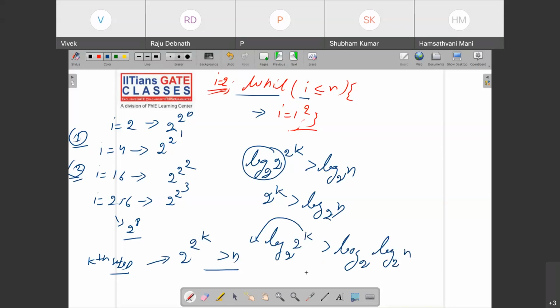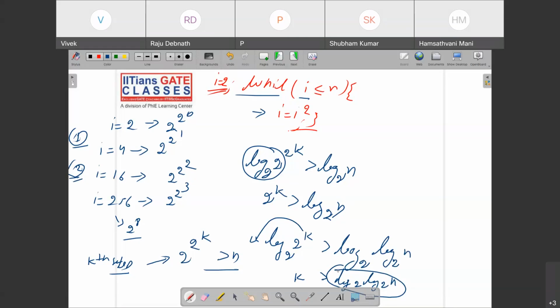And k will come here, so this k is greater than log base 2 log base 2 n. I hope everyone got it. So using this we can solve the power, right? Anyone have any doubt, any problem here? You can stop me, ask me questions. We can move on to the next thing.